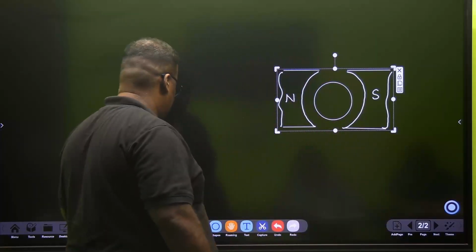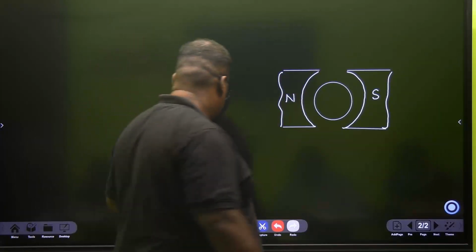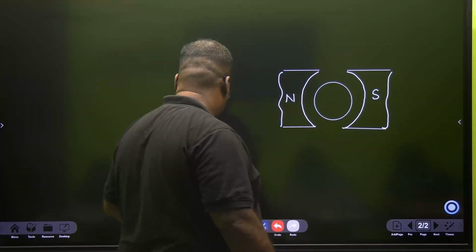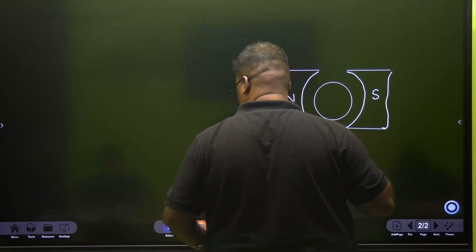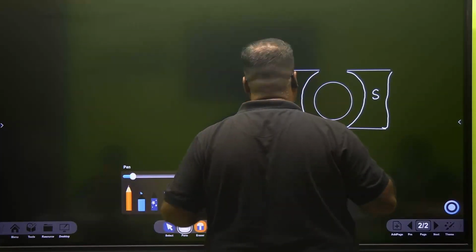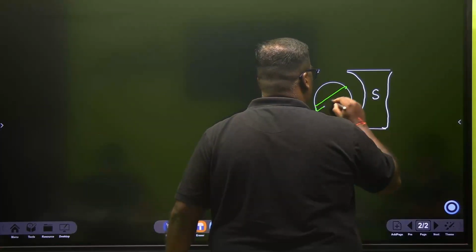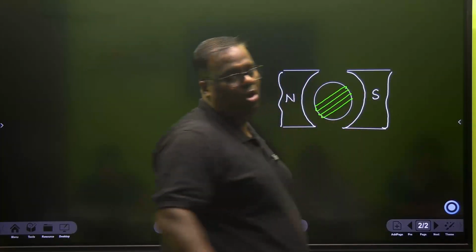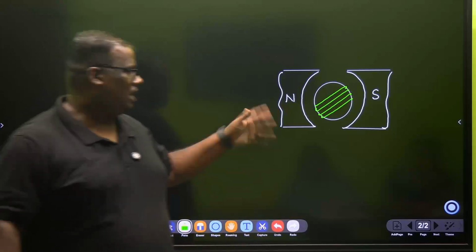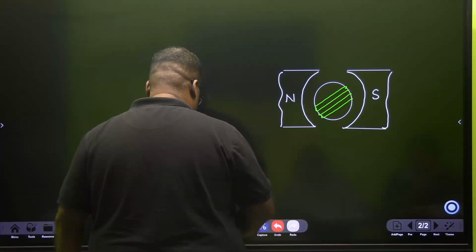On this, we will have the coil. You're seeing it from the top. Let me make it first, then I'll make you understand how to read this.